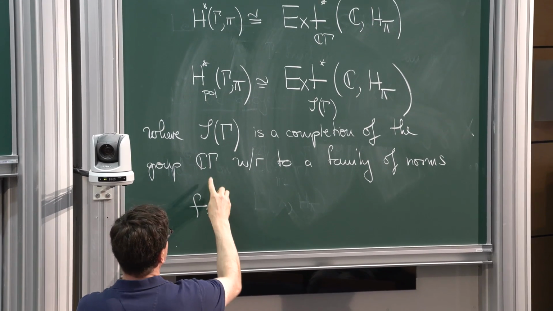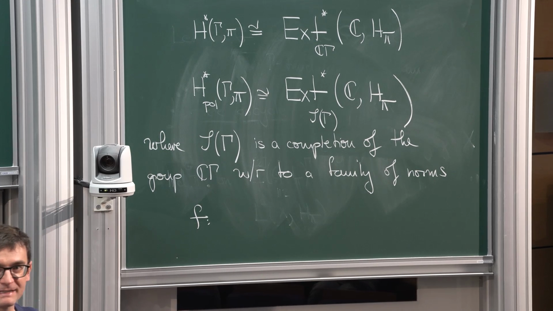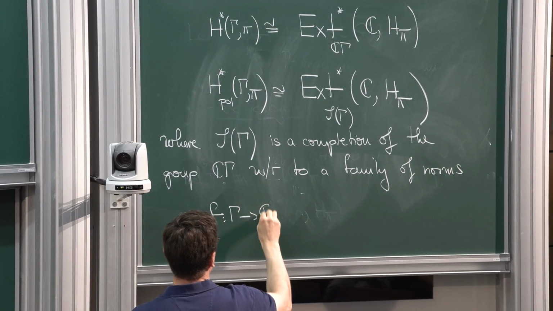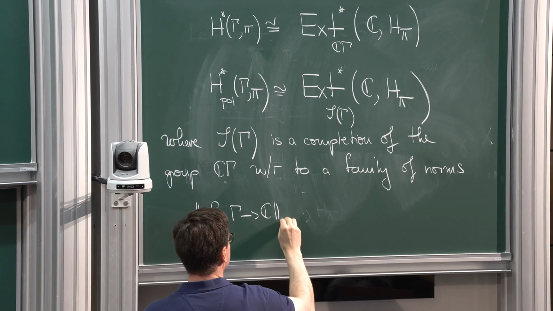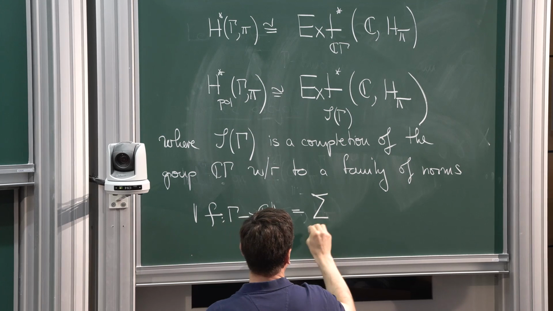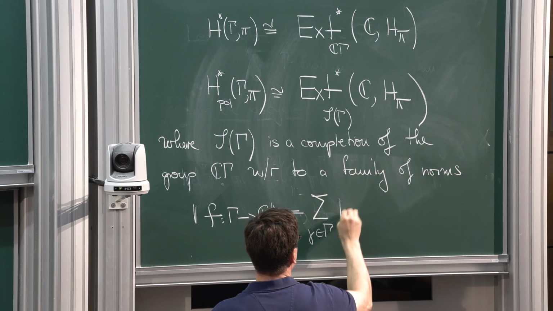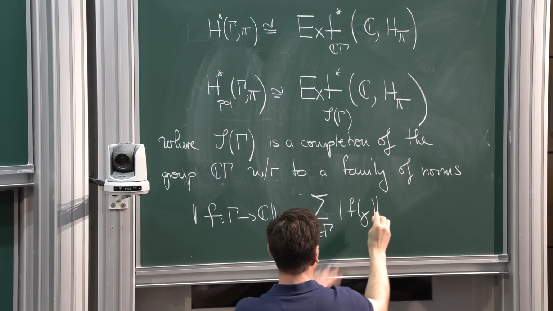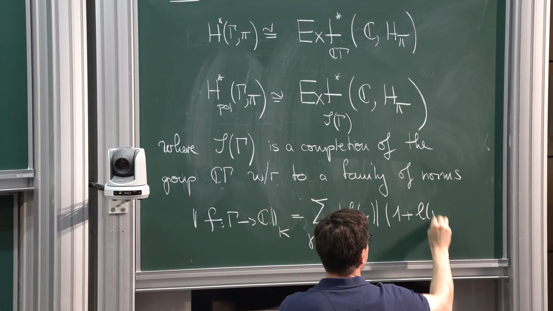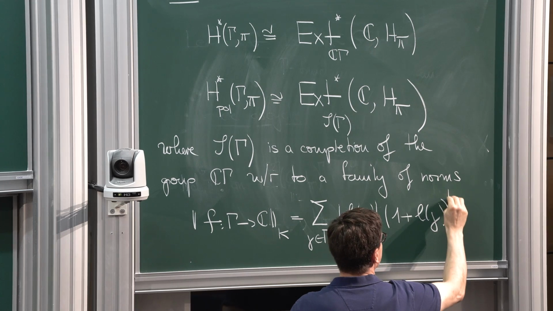Let's view an element in the group ring as a finitely supported function on gamma. Then there is a norm indexed by a natural number k, which is the sum over all gammas of absolute values. So this would be the L1 norm, but now you take the length function into account.